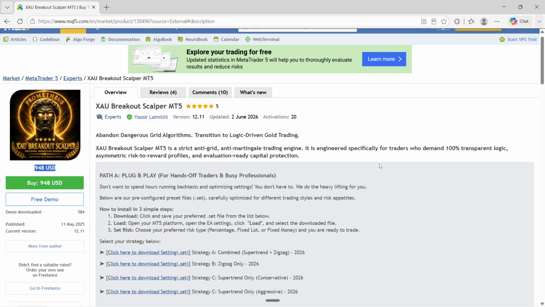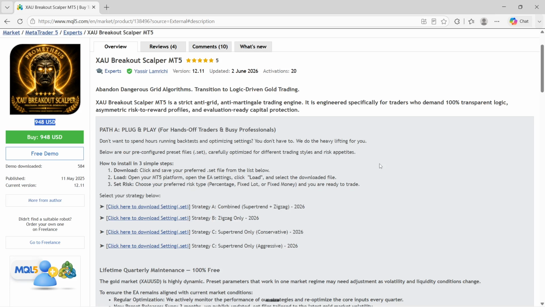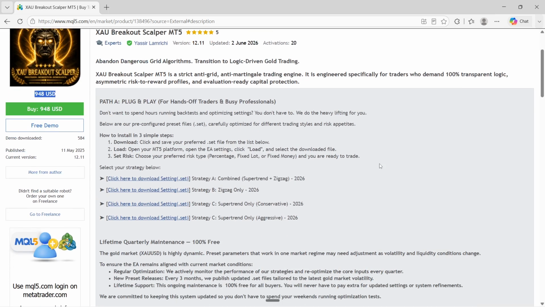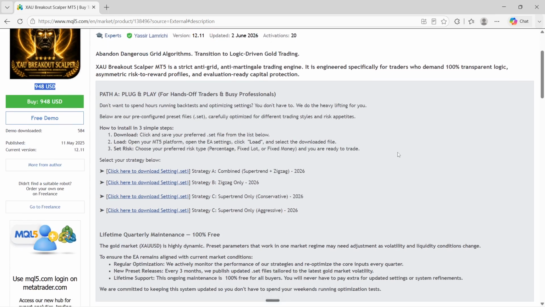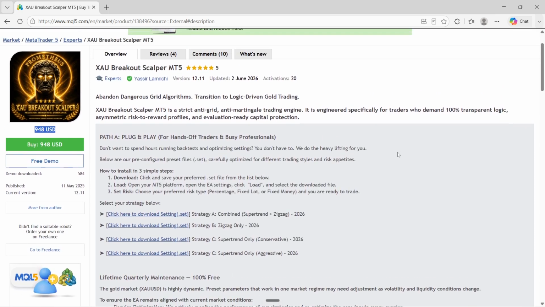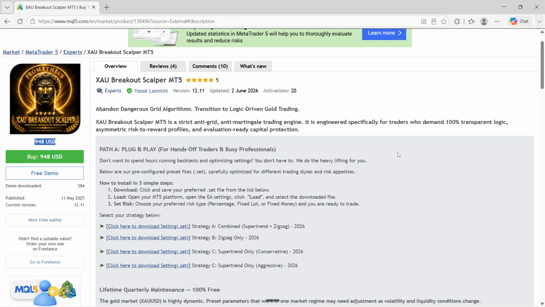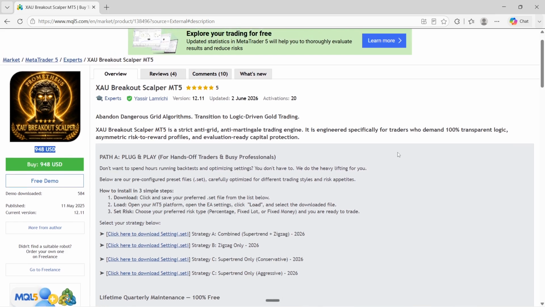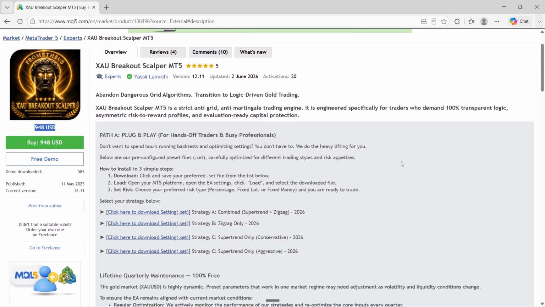The developer emphasizes transparent, logic-driven trading with asymmetric risk-to-reward profiles and capital protection suitable for evaluation environments. Users can choose between plug-and-play preset files optimized for different styles: combined, ZigZag only, SuperTrend, conservative, or aggressive, or take full control through their own optimization process.